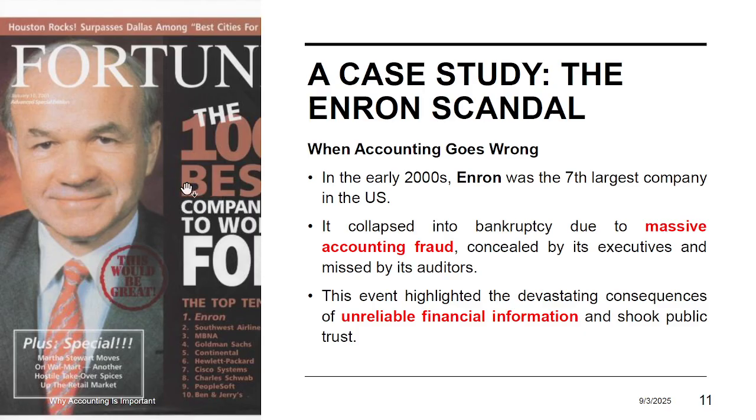Right? So you can see here the executives of Enron at that time. They were one of the 100 best companies, in the top 10, right? This event highlighted the devastating consequences of unreliable financial information and deeply shocked public trust.